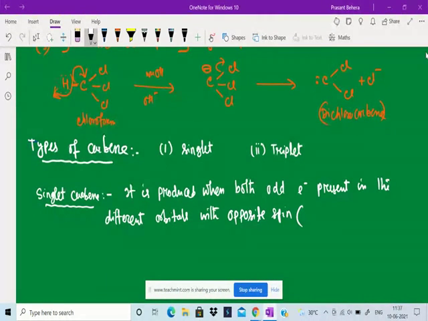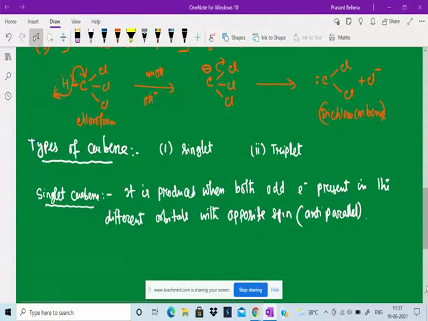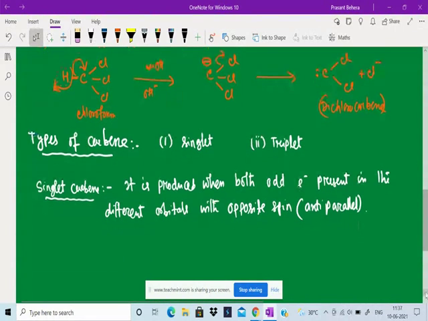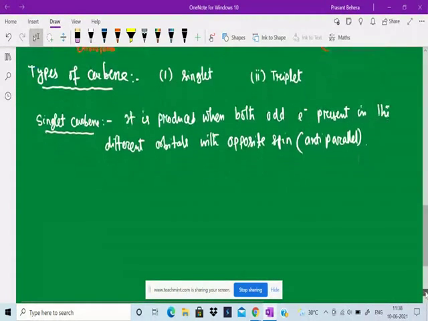That means one is clockwise, another is anti-clockwise, that is called anti-parallel. This is called the singlet carbene. Both are in different orbitals with opposite spin.